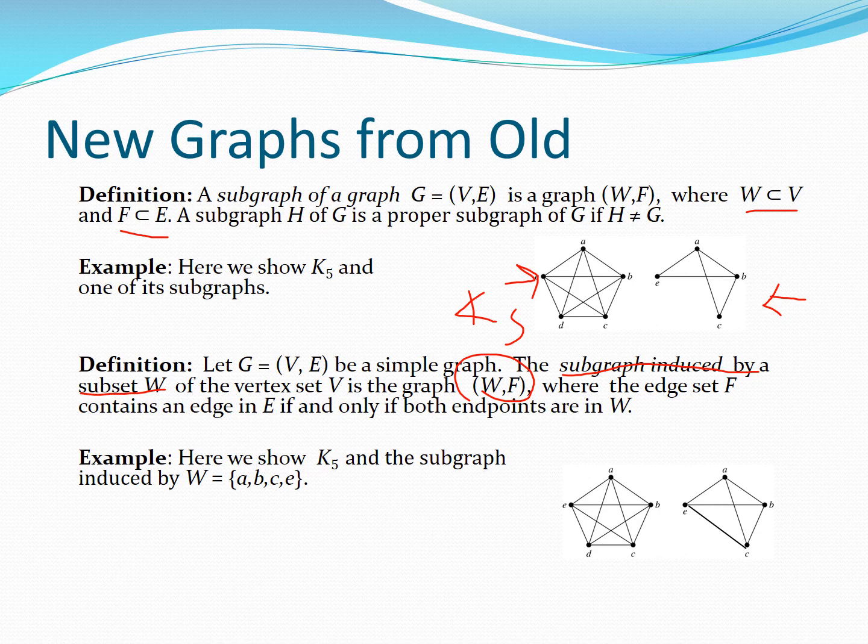So in short, if you have a subgraph induced by a given set W, which is a subset of the vertices in the actual graph, then you should also have all the edges between these vertices which appear in the original graph from which the subset has been drawn.